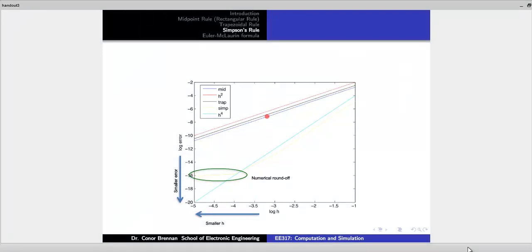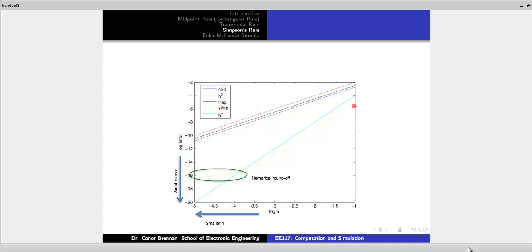Here's the graph I wanted to show you. Same example as before: integrating x to the 4 from 0 to 1. Here is log of h squared in red, and here are the midpoint rule and the trapezoidal rule. As h gets smaller, these errors get smaller, reaching 10 to the minus 8, 10 to the minus 10, so 8 to 10 decimal places of accuracy.